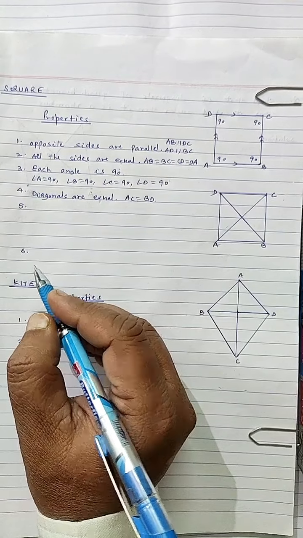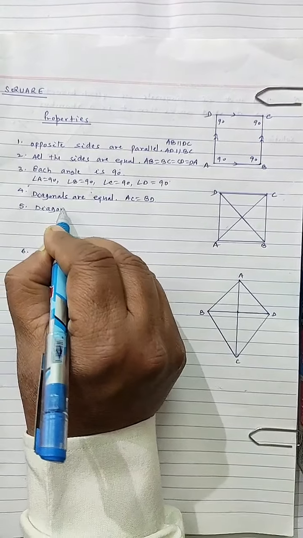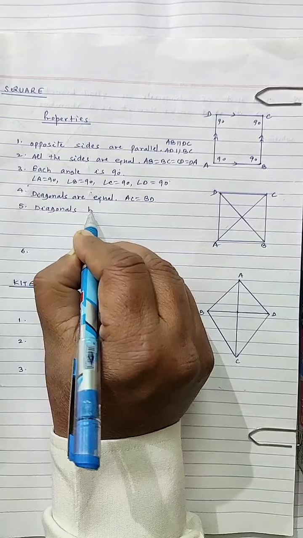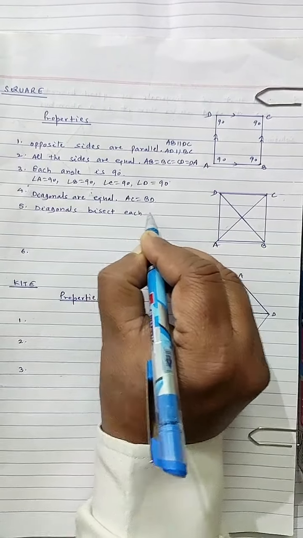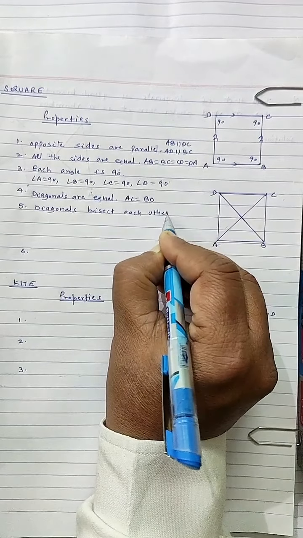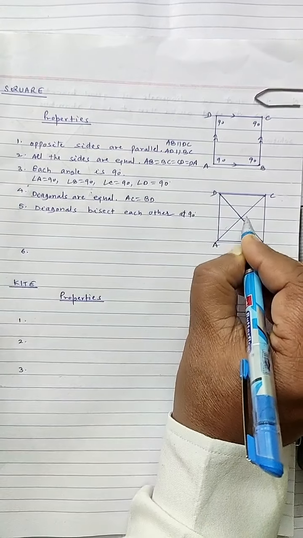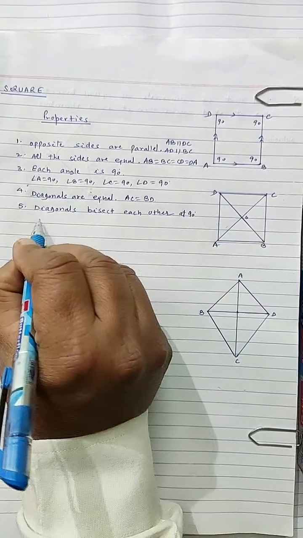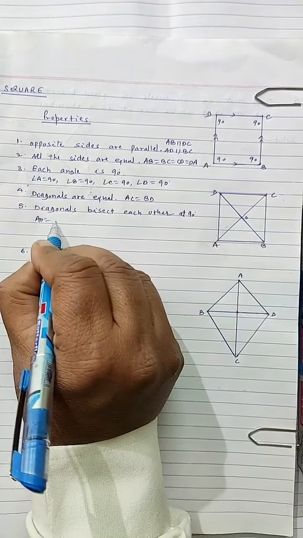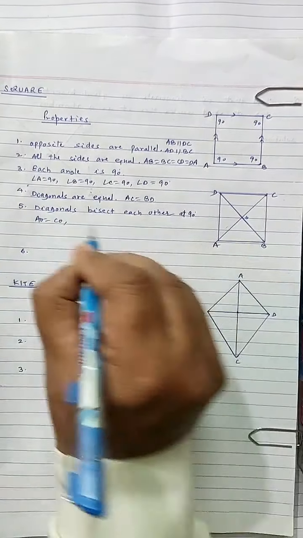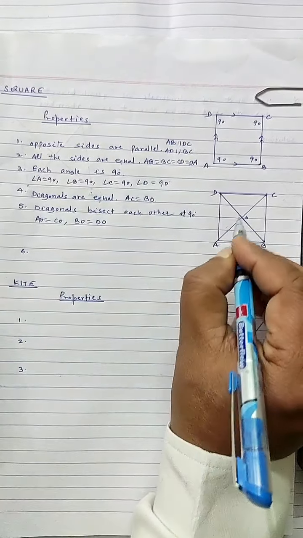Now diagonals bisect each other at 90 degree. So AO equals CO and BO equals DO.